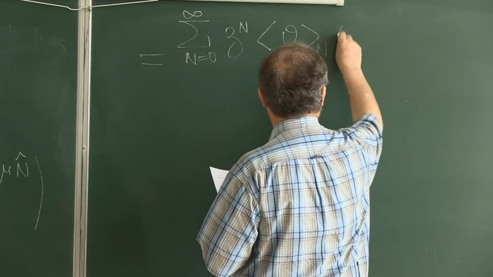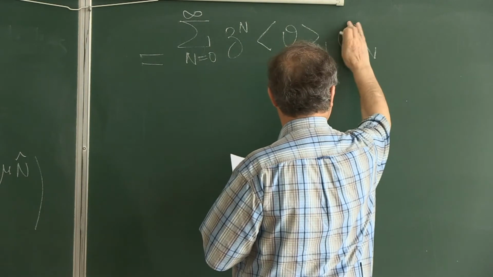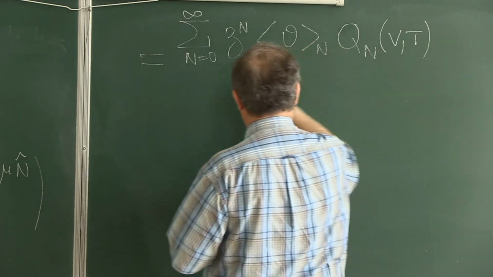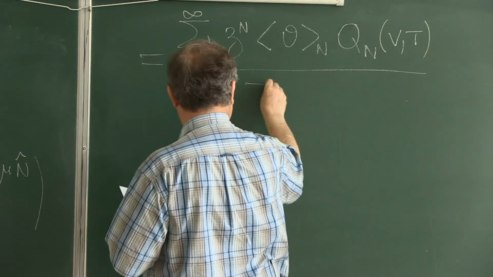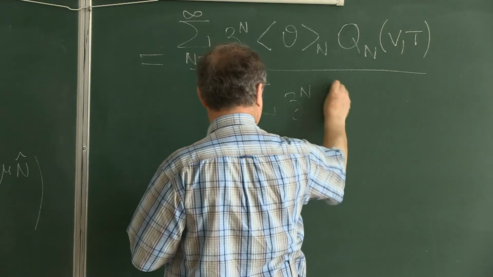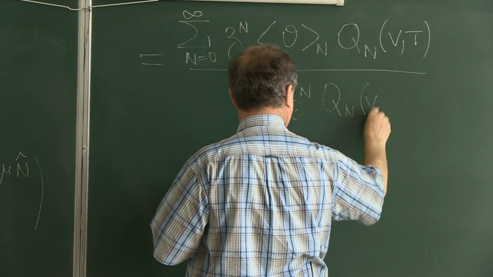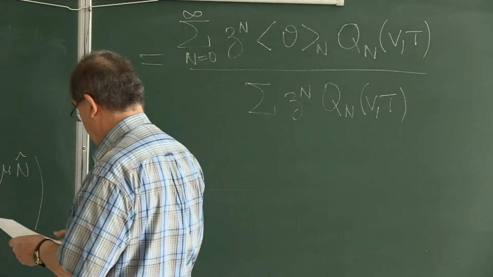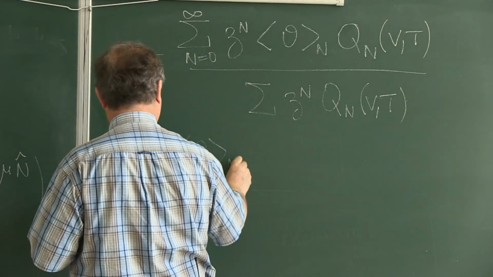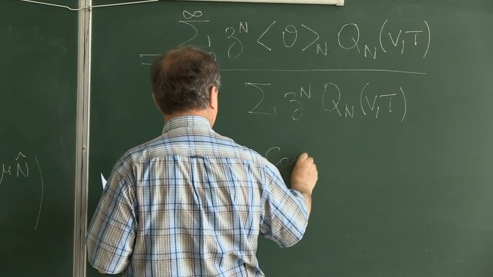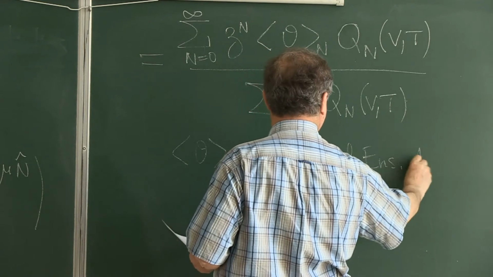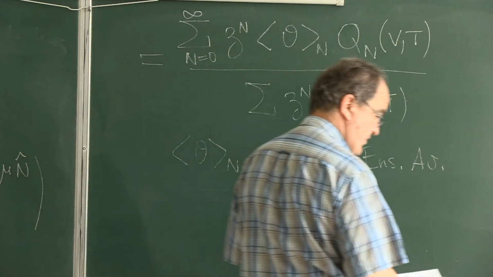Times the canonical partition function divided by the grand canonical partition function. So this thing is nothing but the canonical ensemble average. That's it.